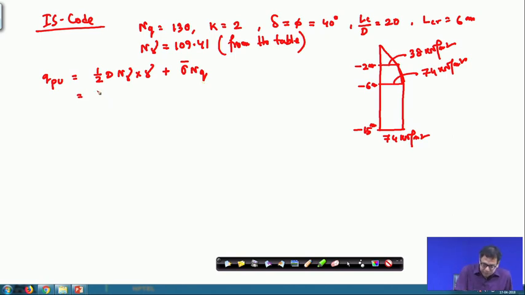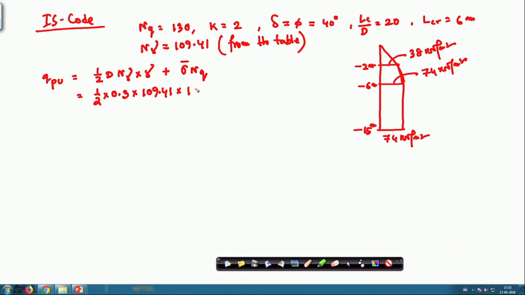So, if I put this value: half into diameter of the pile is 0.3 meter, N gamma is 109.41, into gamma is 19 kilonewton per meter cube. Okay.